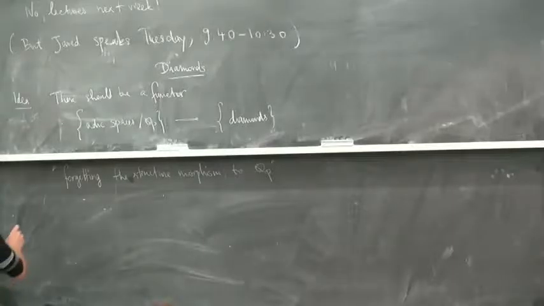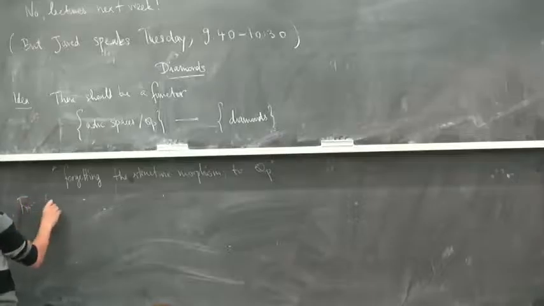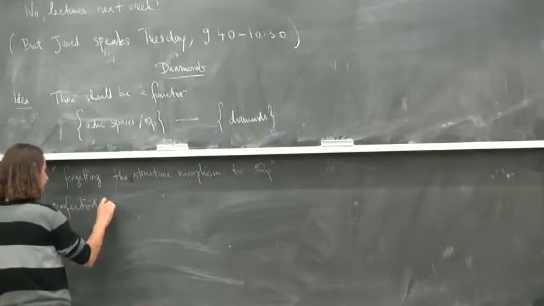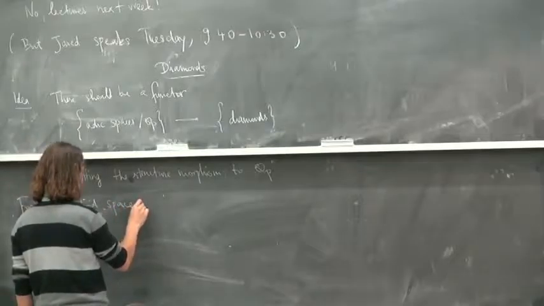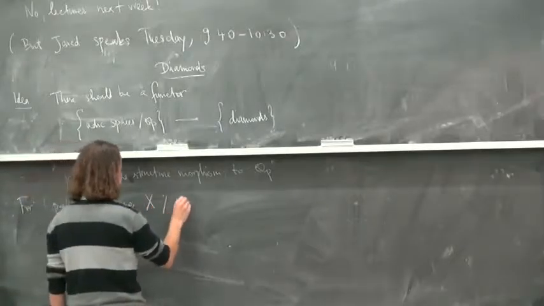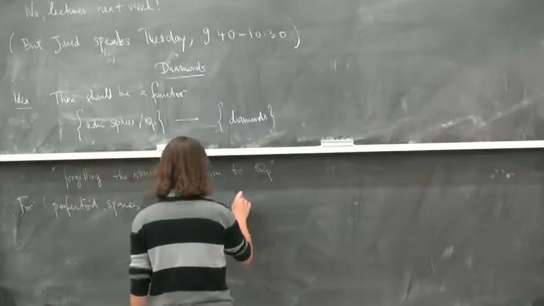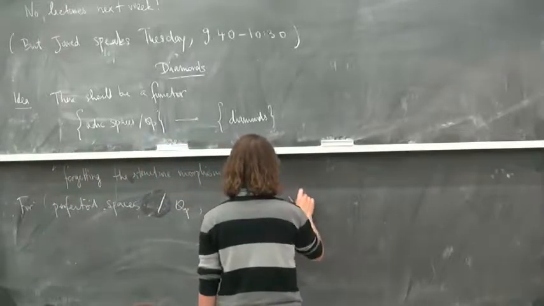I think I stated last time that if your adic space was perfectoid, for perfectoid spaces X over QP, the functor which sends X to its tilt has this property.